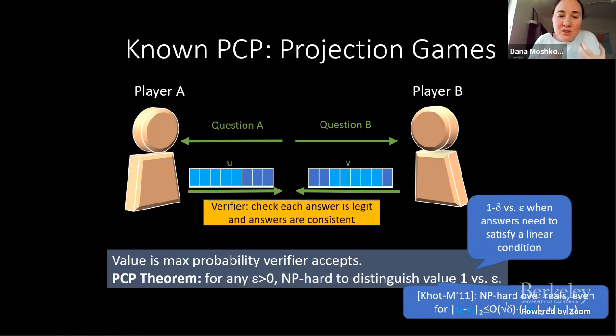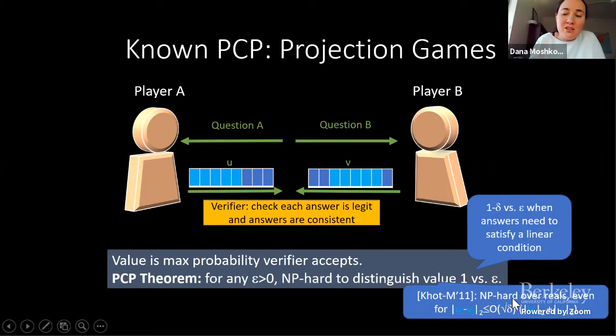Why? Because it will minimize the L2 squared, and the L2 squared in the completeness case would be delta, and so in the soundness case all you can hope for is also delta, but this is L2 squared. So if you look at L2, it's square root delta.